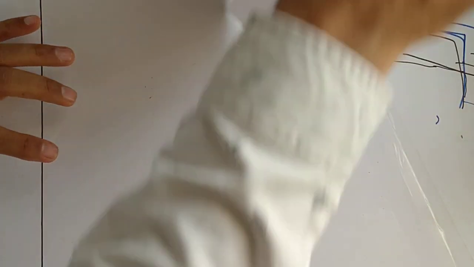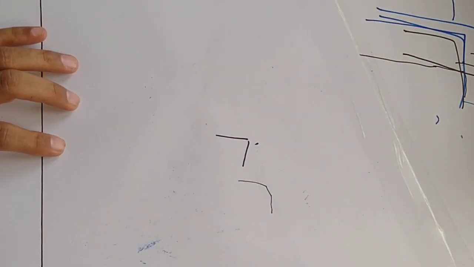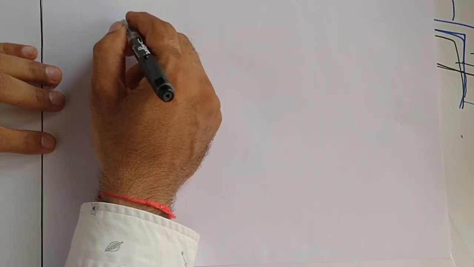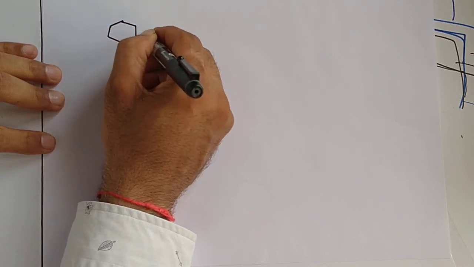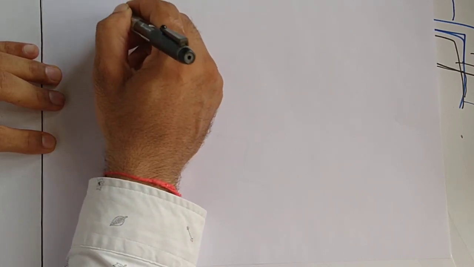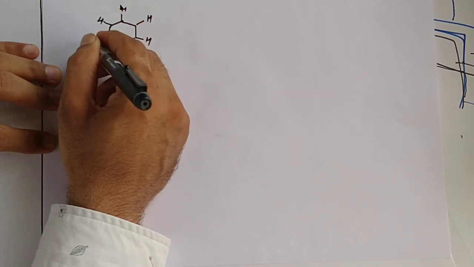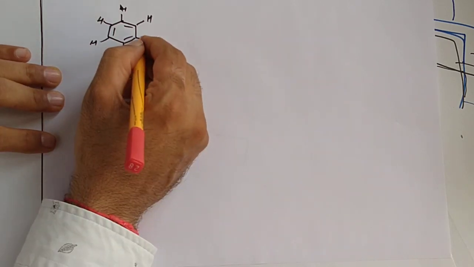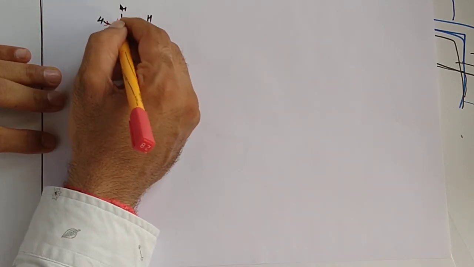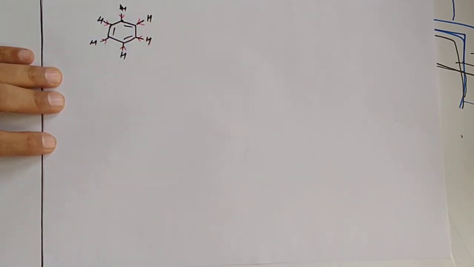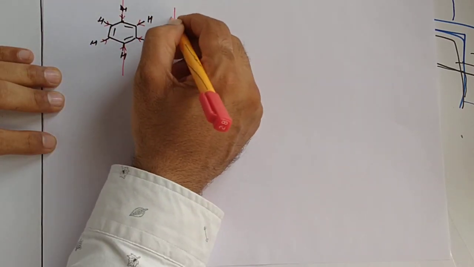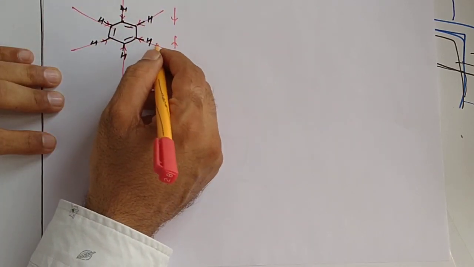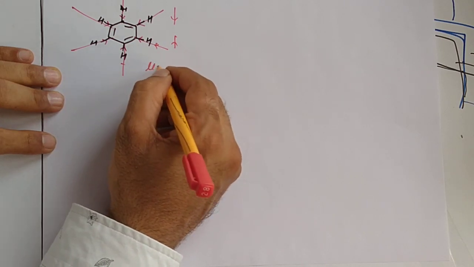Another example is benzene. Benzene is planar. All the carbon and hydrogen are on the same plane. But electronegativity of carbon is more than hydrogen, so polarity is toward carbon, but these vectors are opposite, so the net vector became 0.